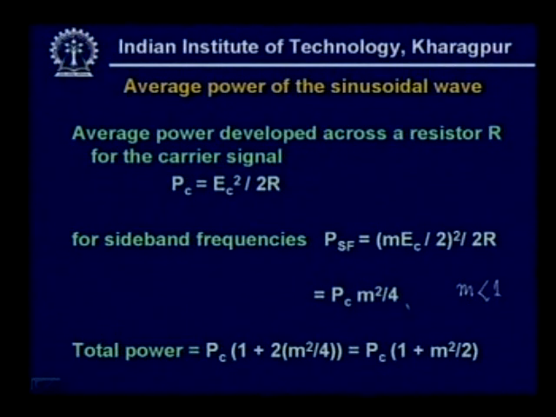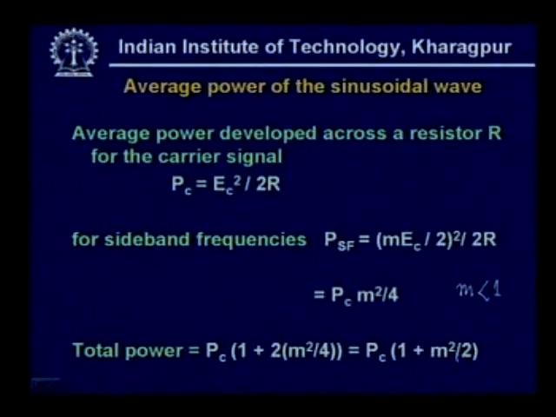So, this value will always be less than 1/4. That means you are using less than 1/4 of the power to transmit one of the sidebands. That means less than half of the power is used to send the two sidebands, and more than half of the power you are using to transmit the carrier signal.